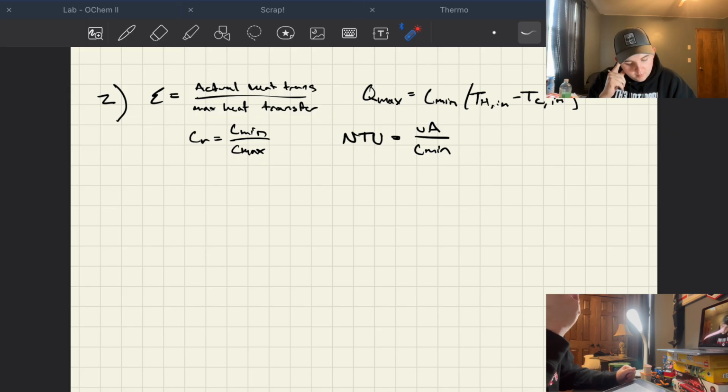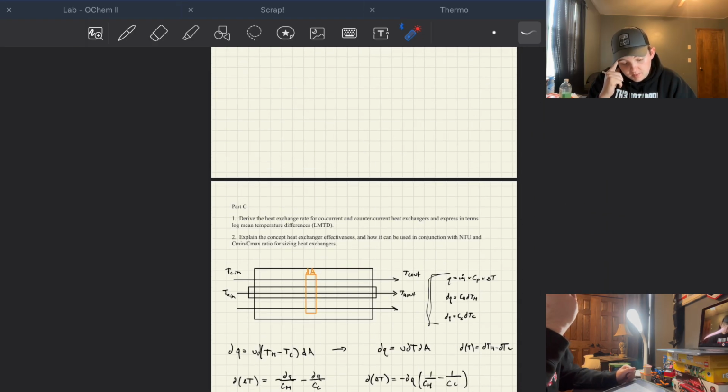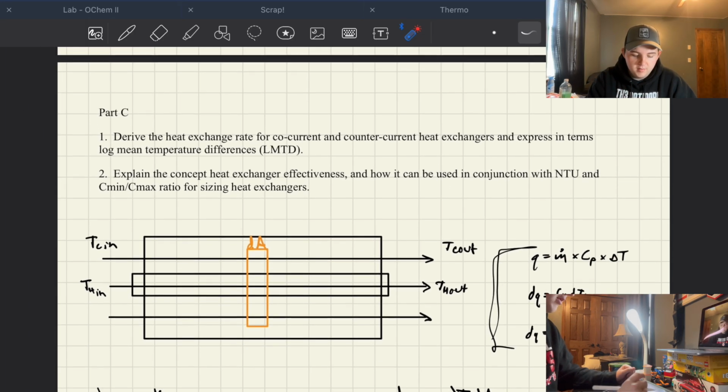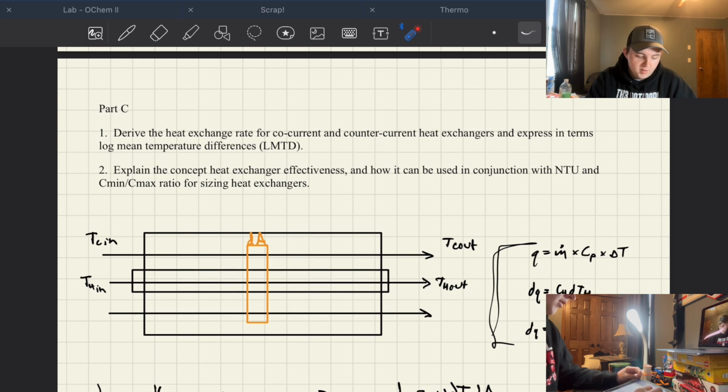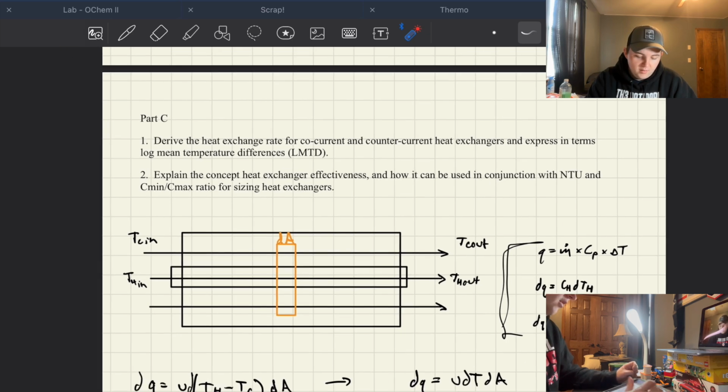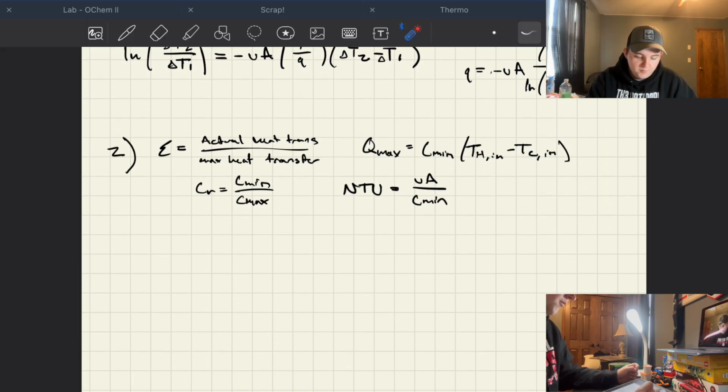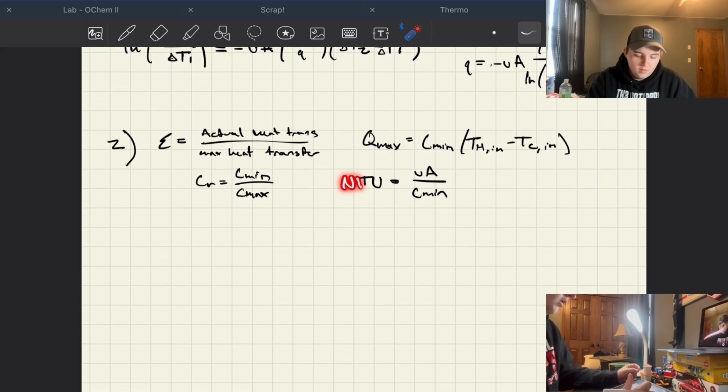And Cr is equal to Cmin over Cmax. So our Cr is what we're looking at here in part 2. And how it can be used in conjunction with NTU: our NTU here is equal to UA over Cmin.